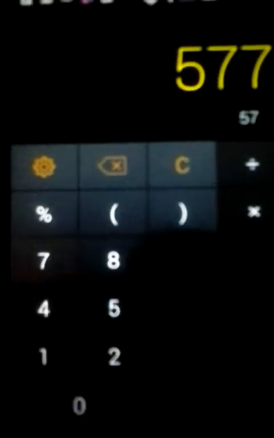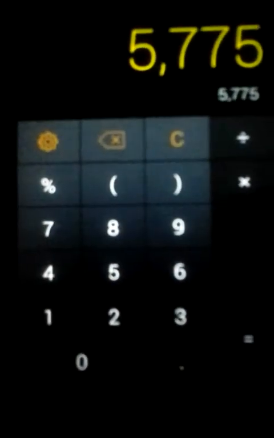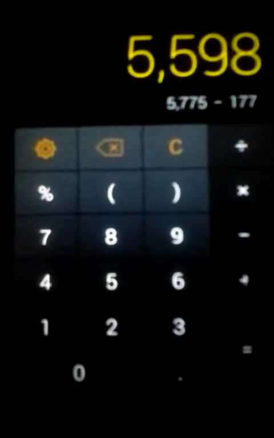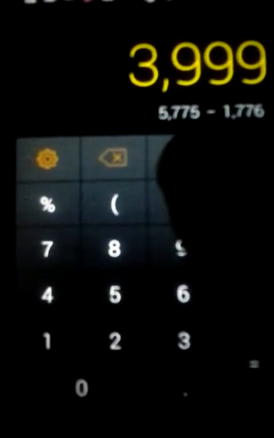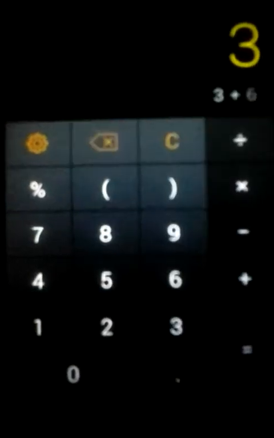Taking 5775, subtracting when the superpower became a superpower, taking that number, 3, 9, 9, adding it is 30.